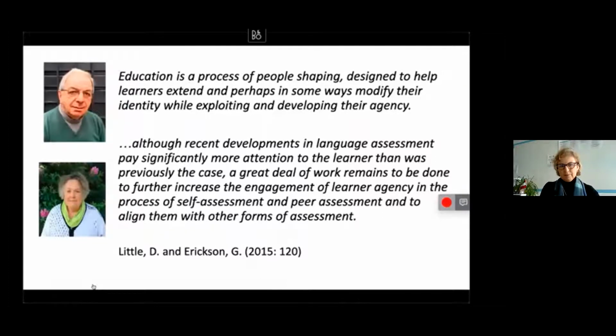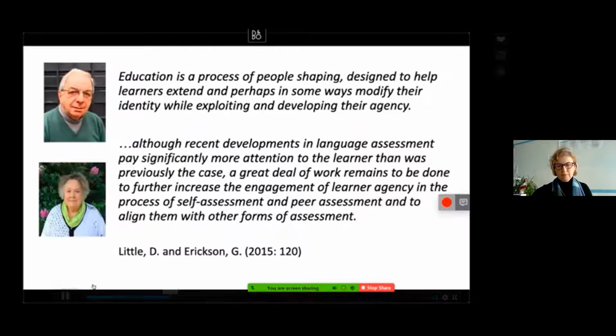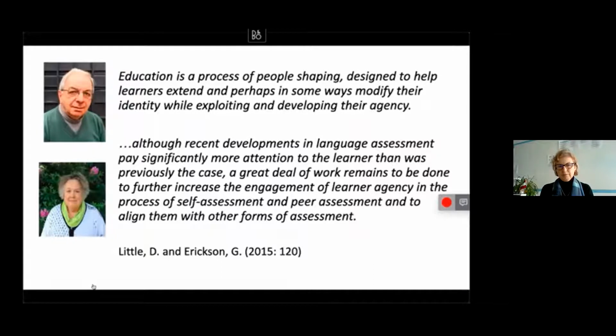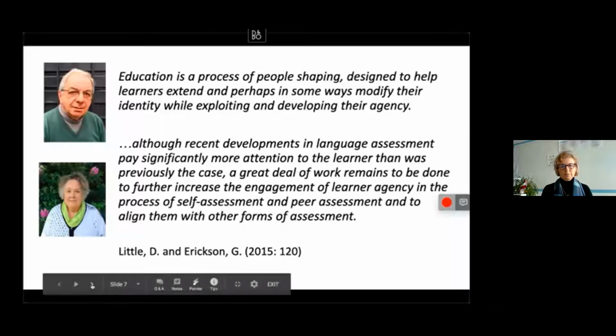Before sharing with you what I'm going to be talking about today, I wanted to share with you a quote from two colleagues of mine, David Little and Gudrun Eriksson, both educators, both experts in the field of language education, language curriculum, and language assessment, who published recently an article where they discussed the importance of engaging students, because if we consider education as a process of people shaping, the first thing that we need to do is to engage those people that we want to get better in their lives and in their world.